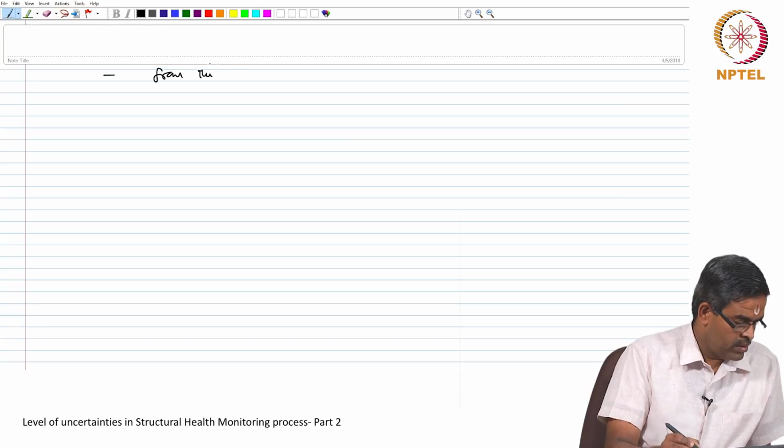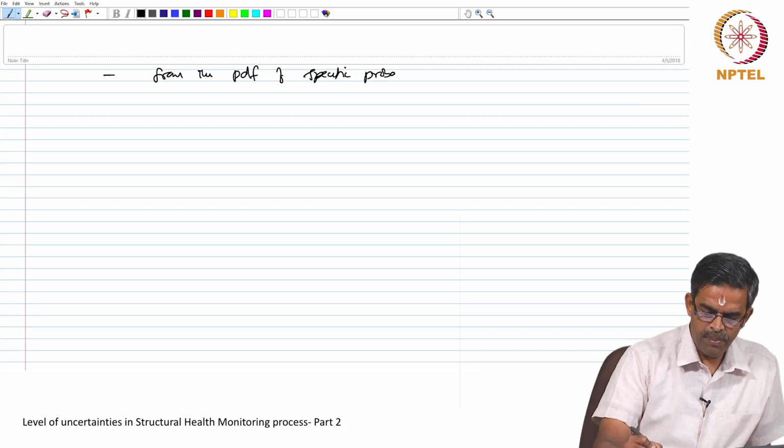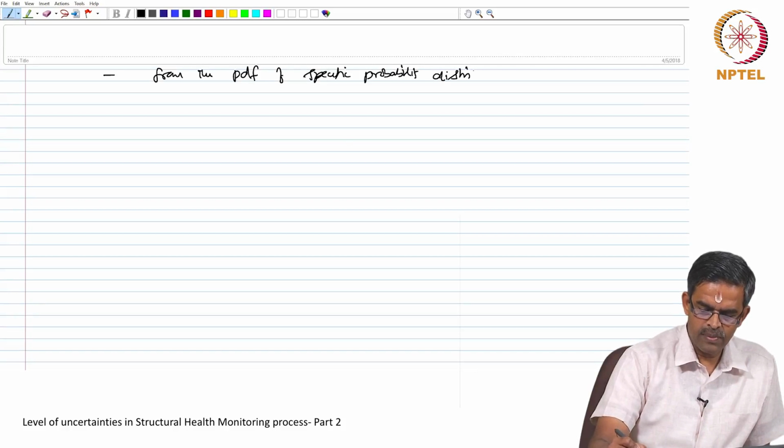It can also arise from the probability density functions of specific probability distributions.